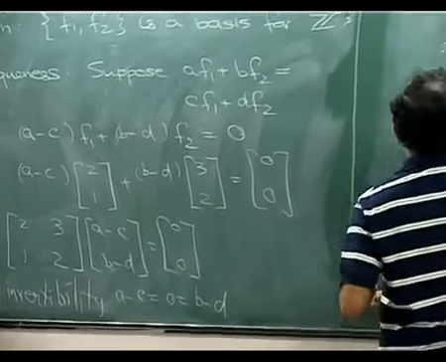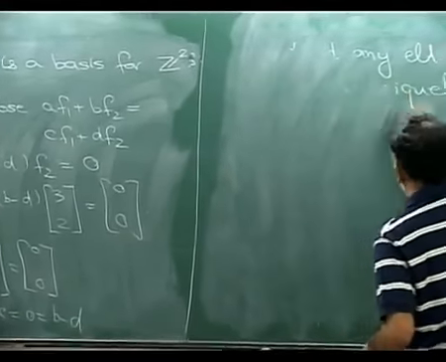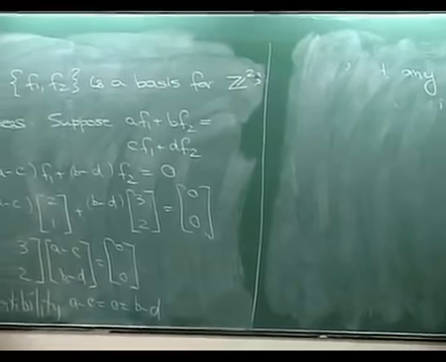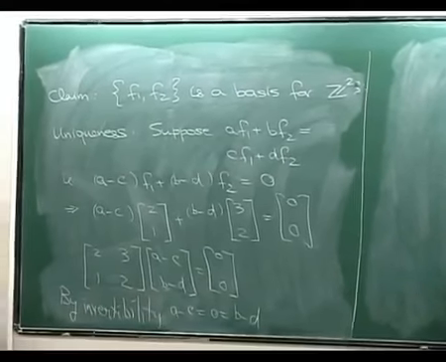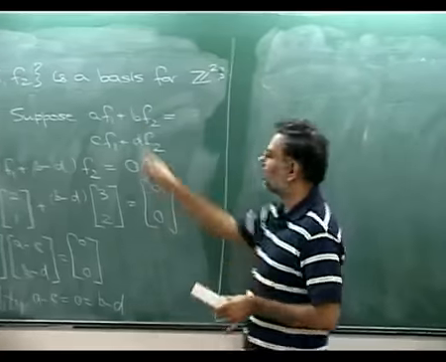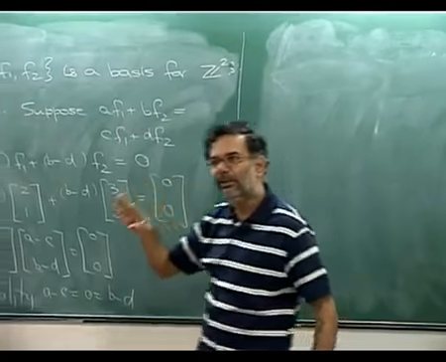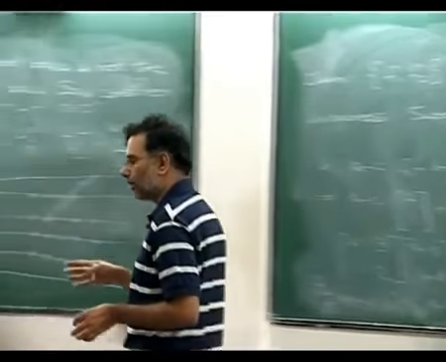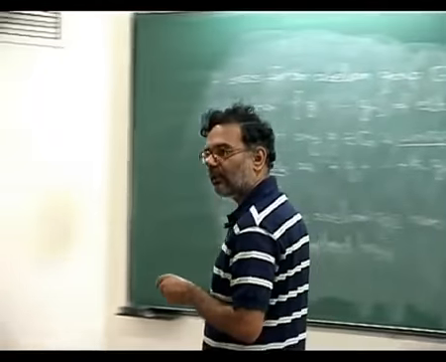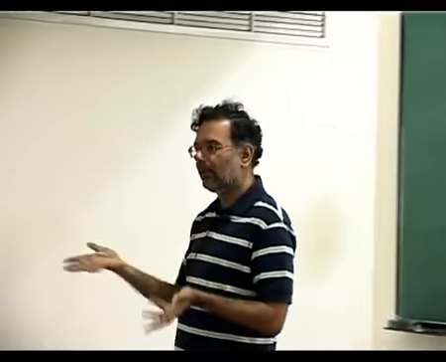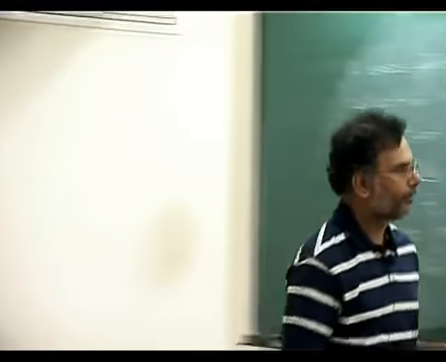See, if I want to show you that everything is a linear combination, it's enough to show that E1 and E2 can be expressed as a linear combination of F1 and F2. Once I know that E1 and E2 can be expressed as a linear combination, I already know that everything is a linear combination of E1 and E2, so then I can obviously write everything as a combination of F1 and F2.